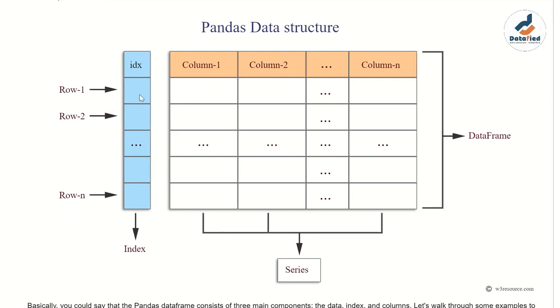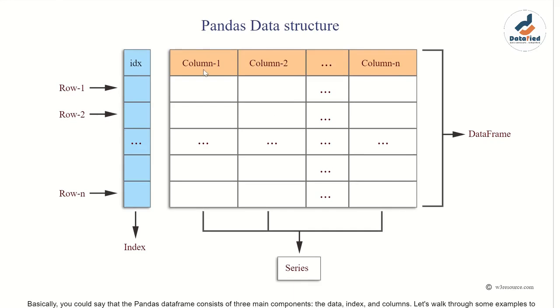It has an index, so the first column is taken as the index of the data frame, and then there are several other columns that make up the data frame depending on how many columns you're working with. Then the entire table is called the data frame. Each column, when viewed separately, is referred to as a series, and then there are rows for each entry in the data frame.